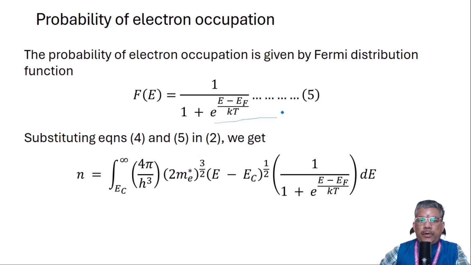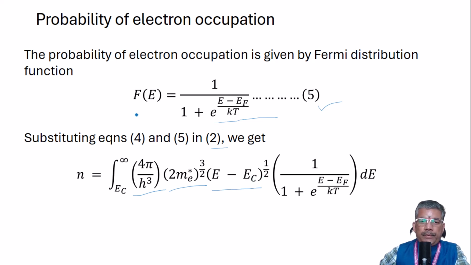Right, and now we are going to substitute equation 4 and equation 5 in equation number 2. We know that equation number 2 is the integral from EC to infinity of Z of E f of E dE. So instead of Z of E, we substitute 4 by h cube into (2 m E star) whole power 3 by 2, and E is replaced as E minus EC, so (E minus EC) whole power half.